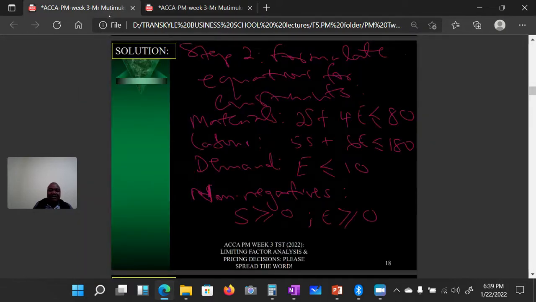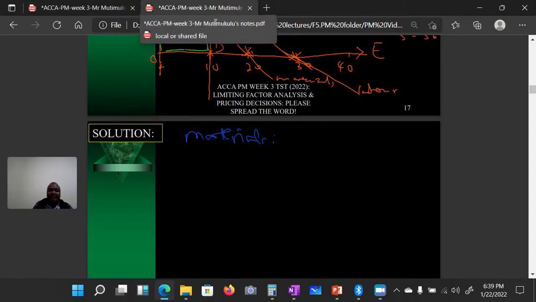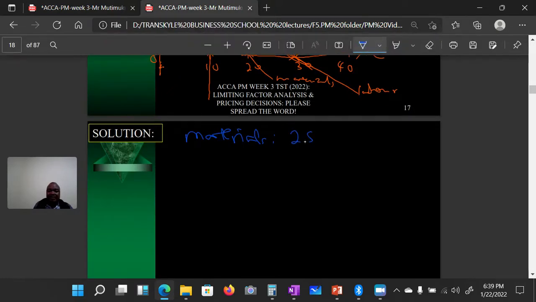So let us rewrite the equations of constraints. Let's start with materials. It was 2s plus 4e is equal to 80 kgs.